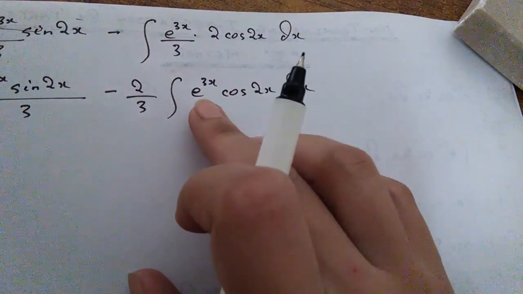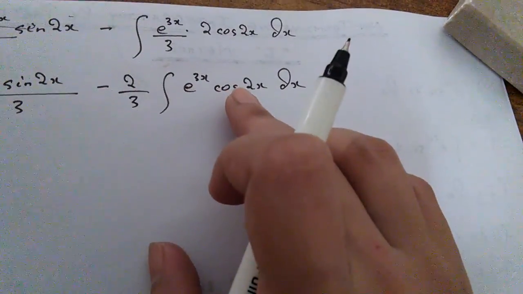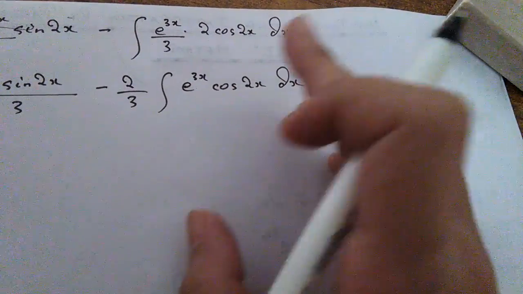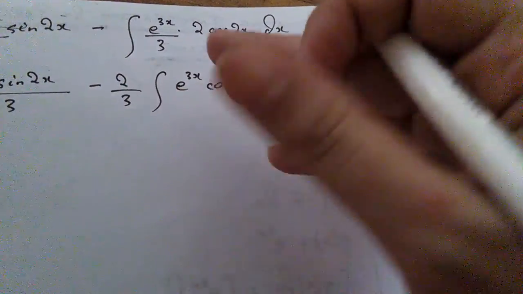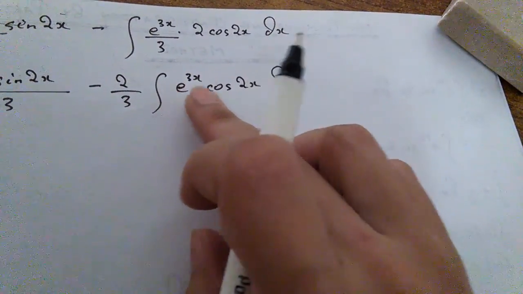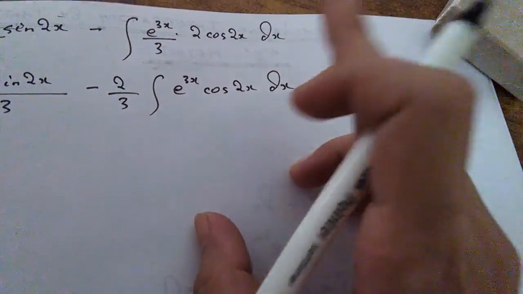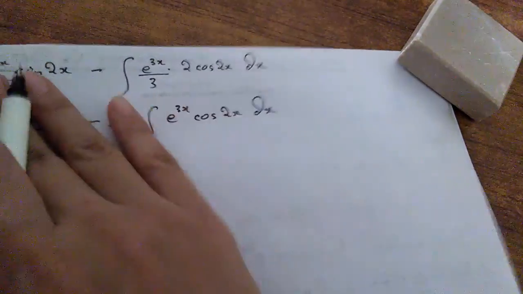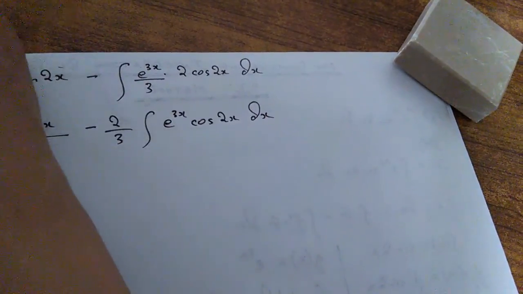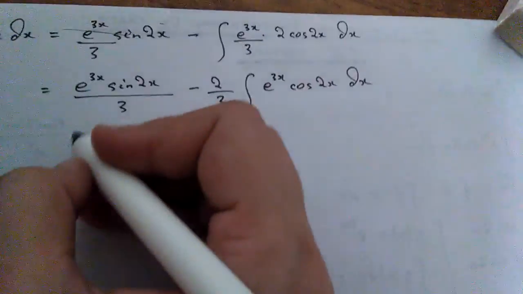Just like in the previous step, we have taken the trigonometric function as our f of x and exponential as your g of x. You can follow the same pattern. Also, you can take exponential as your f or trigonometric as your g of x. It's your choice. So I'm just following the pattern that I have adopted since the first step.